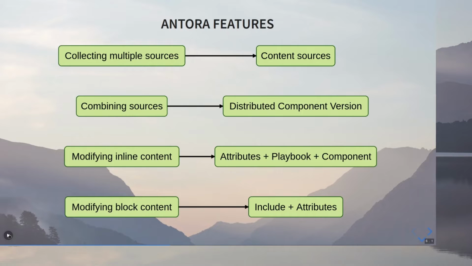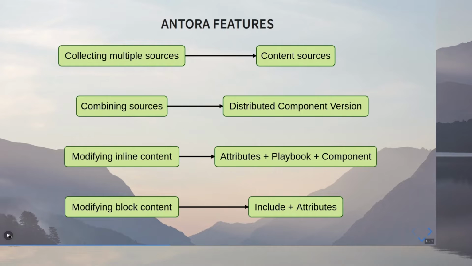But then Antora adds on top of that the ability to have multiple content sources, so to have the upstream content source and the downstream content source, and to combine them, so to do some overlapping of the content. And that's something that's more difficult to do with plain AsciiDoc. Combining different sources is really super simple with Antora. So basically, the upstream repository here is the most simple because it has only one source.